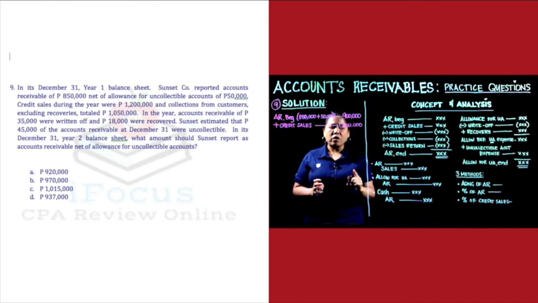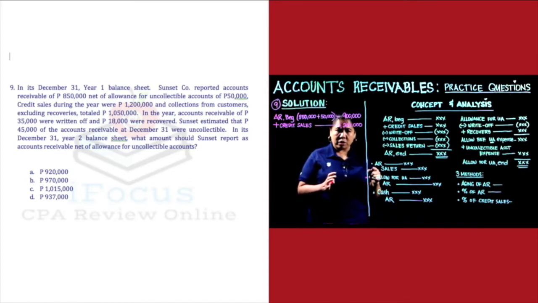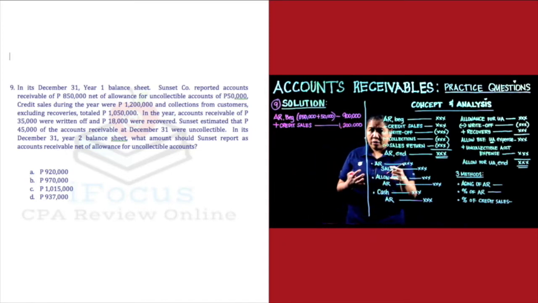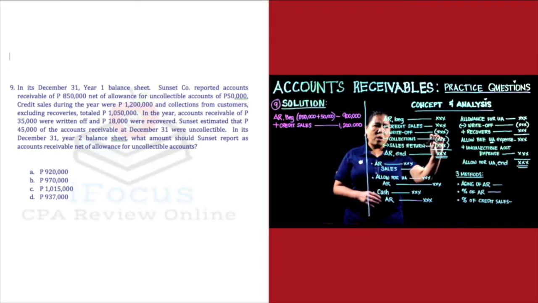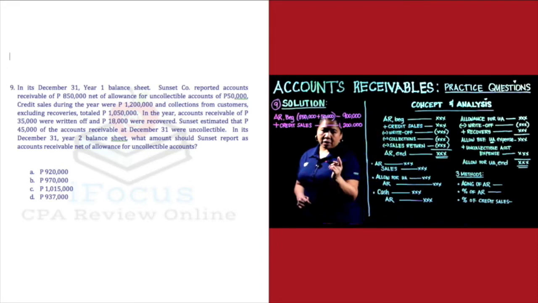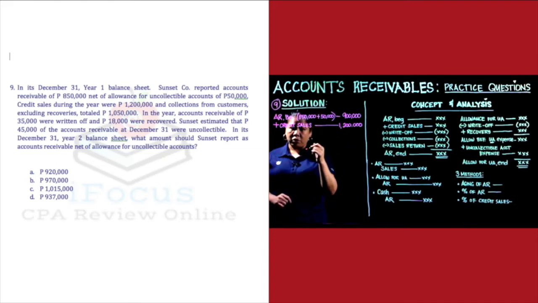Then, and collections from customer, excluding recoveries, totaled 1,050,000. So, sa collections, anong effect niya sa ating accounts receivable? Sa collections po is debit to cash, sa nakolekta natin na 1,050,000, and we credit the accounts receivable, which is a minus to our accounts receivable. Alright? So, ima-minus natin yung collection na 1,050,000.